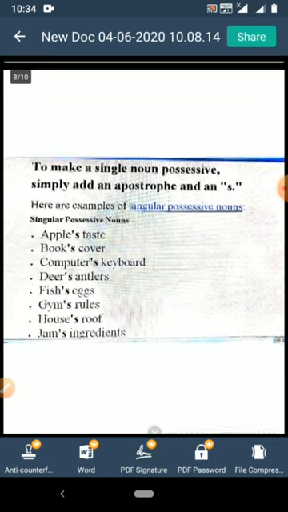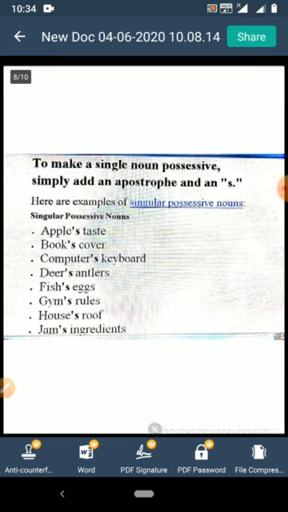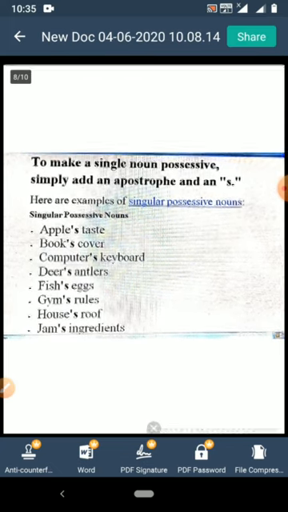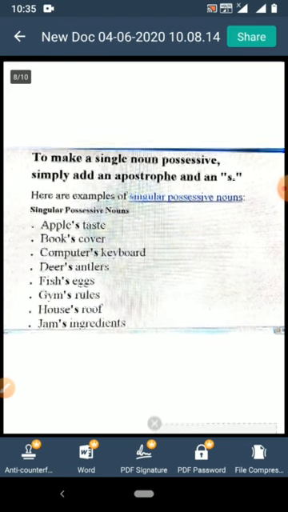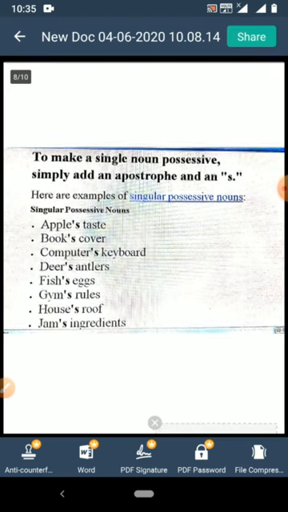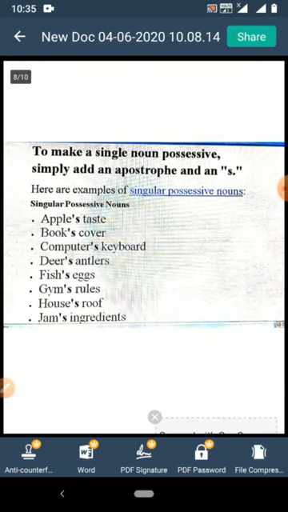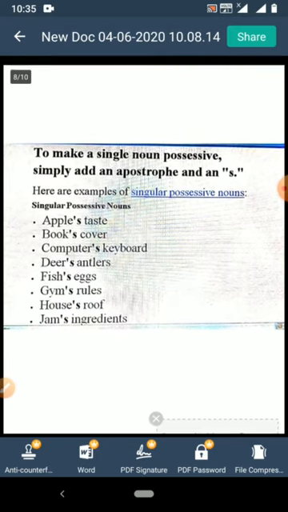Computer's keyboard. Again, computer is a singular word and does not have an S at the end, so we put an apostrophe first and then S. Deer's antlers. Here, we are considering deer as a singular noun, so we put the apostrophe followed by an S. Fish's egg.